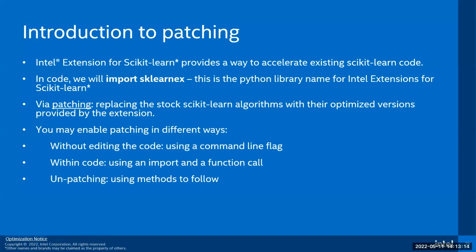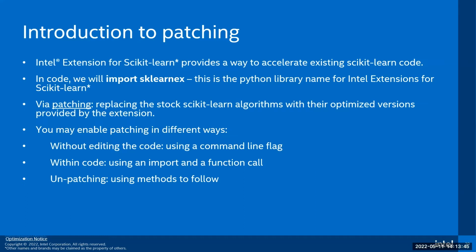So with that, as we've introduced the basics of machine learning and how to calculate the distance, you'll also get introduced to the Intel extension for scikit-learn. As I mentioned before, it offers optimized versions of many scikit-learn algorithms compared to the stock version.